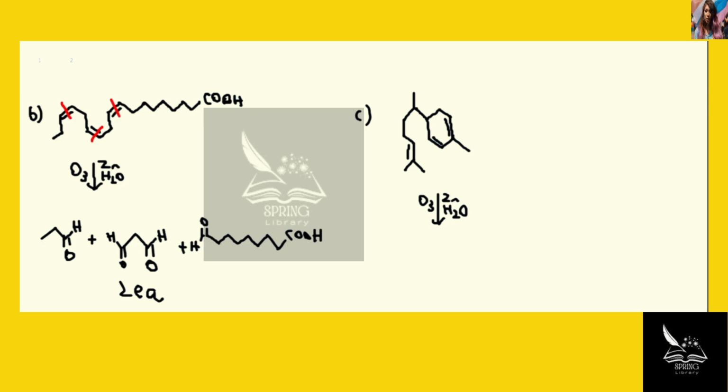And then part C, we can treat exactly the same way. So we'll be cutting at all 3 of these double bonds. And that's going to give us 1 equivalent of acetone.